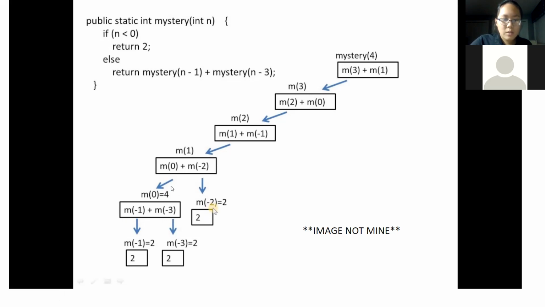And again, you can see how we're just going back through. We now know these values, so we substitute them for the original method calls. This m0 is now 4, the m-2 is now 2, and we're just continuously going back up until we find the original value. So yeah, this is another thing you can do. Again, it's complicated, but it can really shorten your code, because otherwise, how are we supposed to do this?